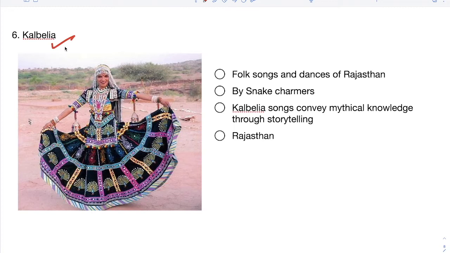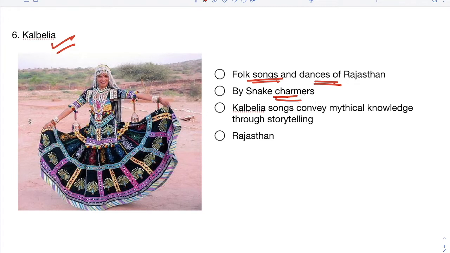Next, Kalbelia, that is the 6th one. Kalbelia is the folk songs and dances of Rajasthan, and the dancers are snake charmers, not normal dancers. Snake charmers are one community.